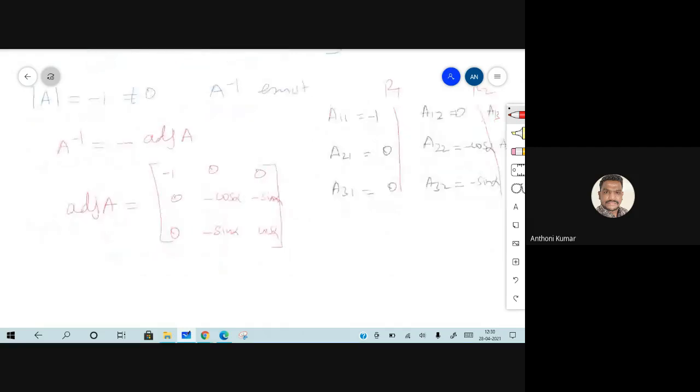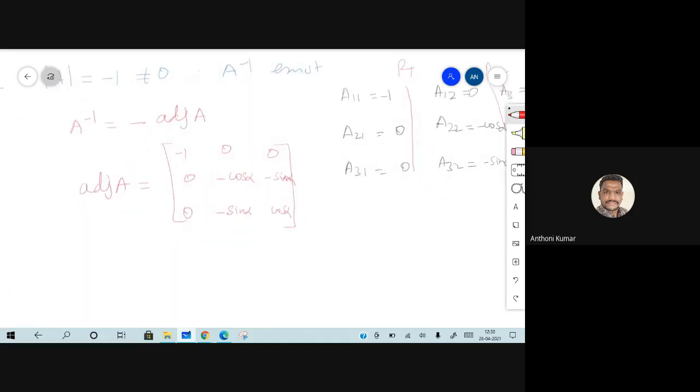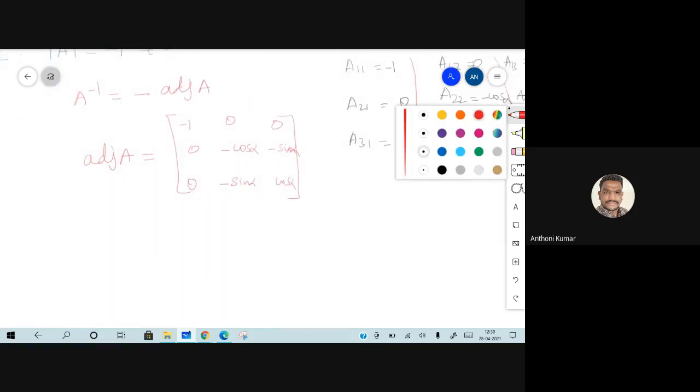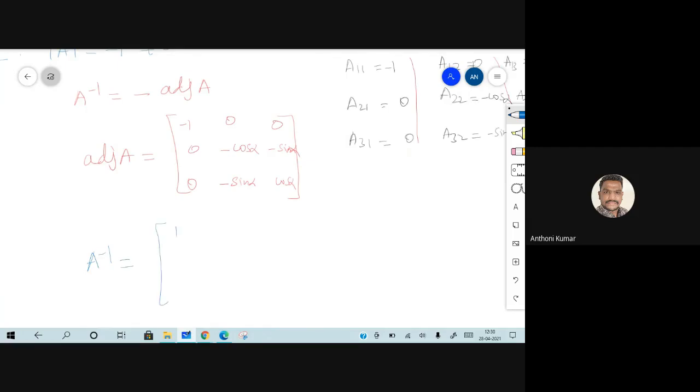This is the adjoint of the matrix. Then A inverse is equal to the negative of adjoint: 1, 0, 0; 0, cos alpha, sin alpha; 0, sin alpha, minus cos alpha is the required inverse of the matrix. Done?